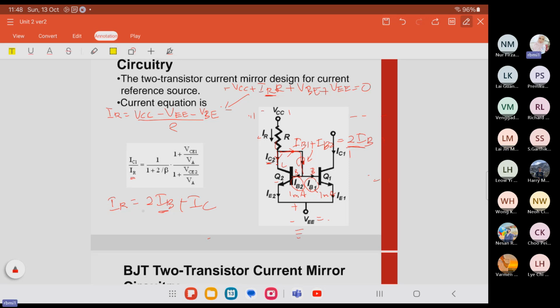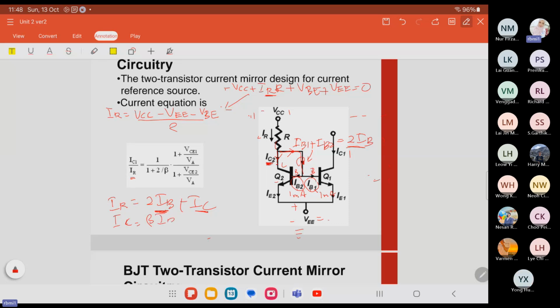Alright, so that is why here we have 2IB, because it is an identical transistor, plus the IC, this one. Because what I wrote at the side just now, IC1 is equal to IC2 and then we can say it is actually IC. Same goes with the IB. That is why we write IB only and this one is IC only. Okay, and then we can use the relation IC is equal to beta IB. Okay, and then here we have IE.